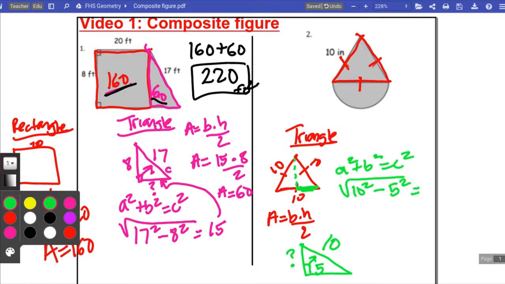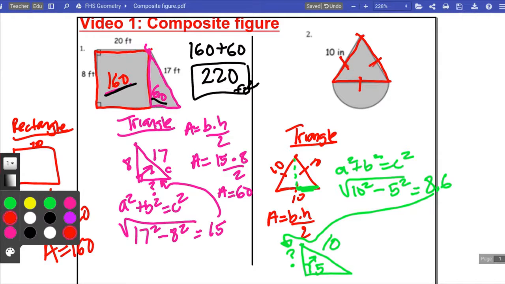Let me do 10 times 10 is 100 minus 25. And then let's get the square root of that. That should give you 8.6. That is the height. The 8.6 goes right here.